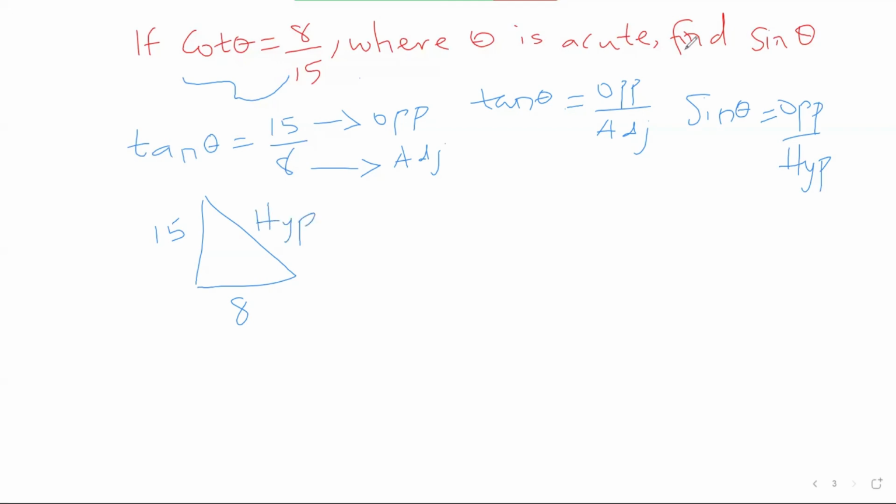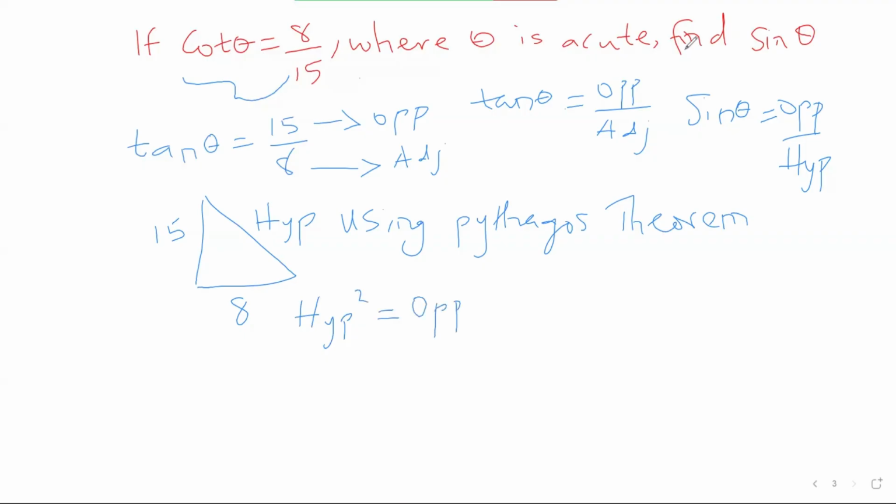So using Pythagoras theorem, we can find our hypotenuse. The square of the longest side is equal to the sum of the squares of the opposite side and the adjacent.